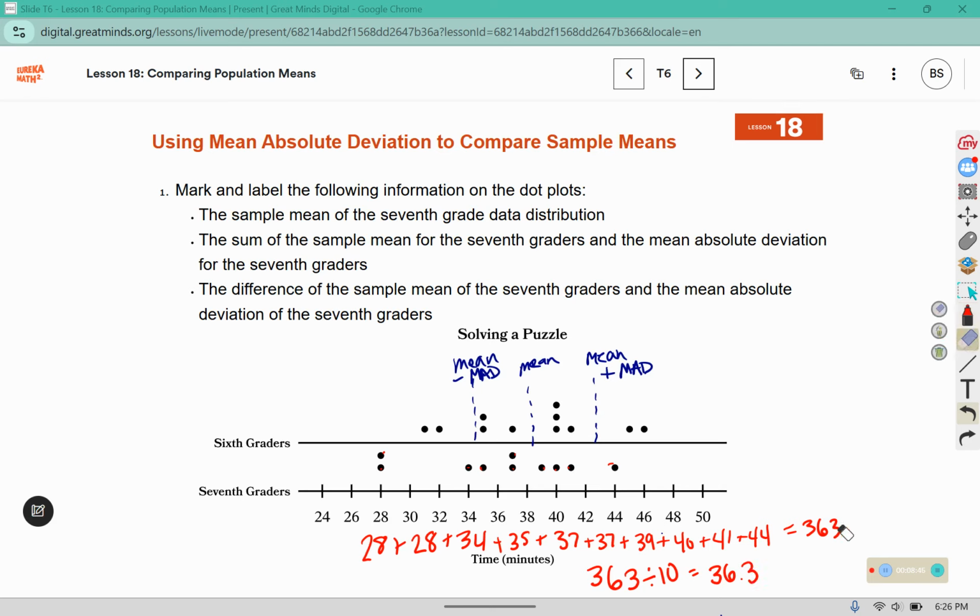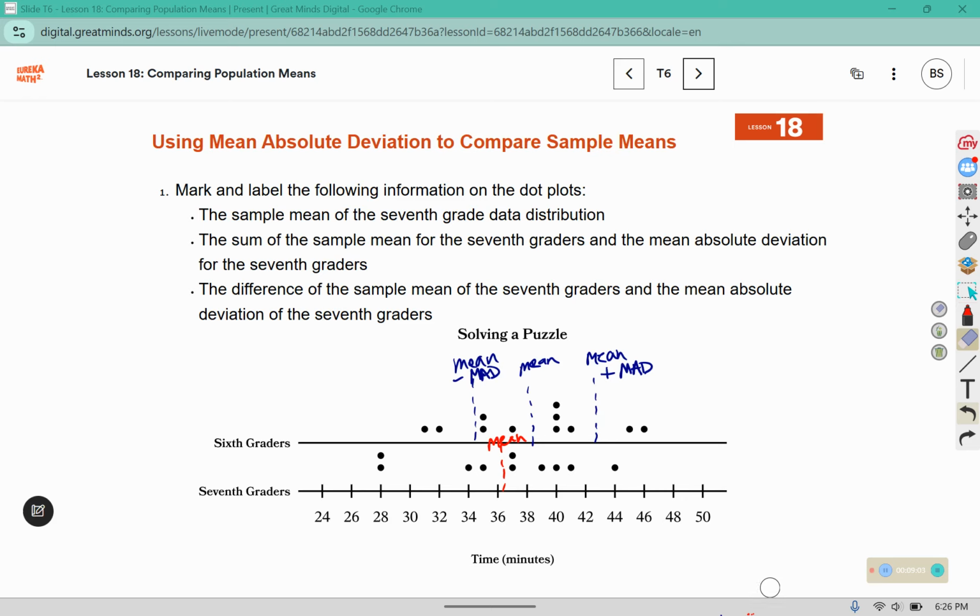And we'll mark that in the display. So 36.3, that is the mean. Now to determine the mean absolute deviation, we need to find out how far each of these are from 36.3.